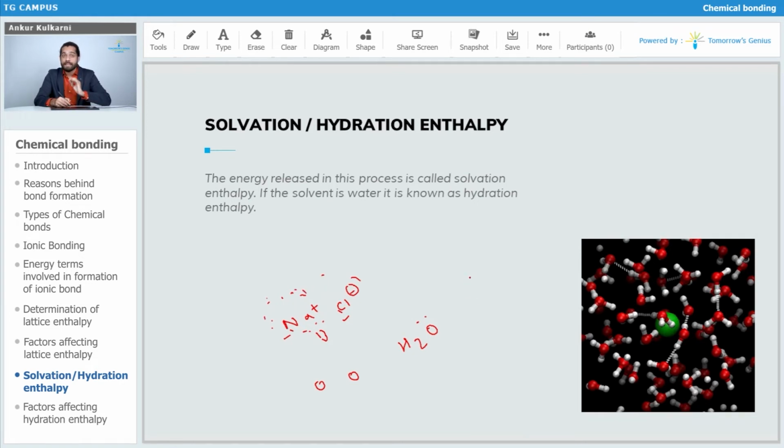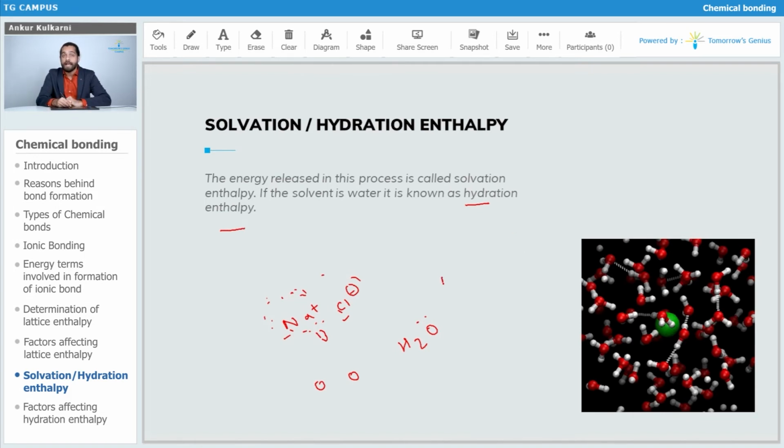So we can say that the energy released in this process, where the bond is breaking and there is a gathering of H2O molecules, or any solvent molecules, around your cation and anion, is known as what? As hydration enthalpy. I hope this is clear. Let me say it once again.